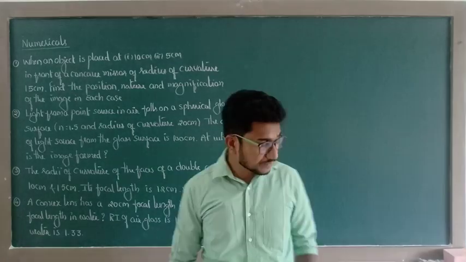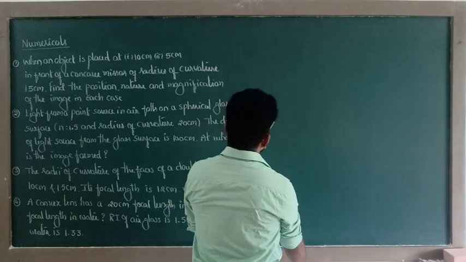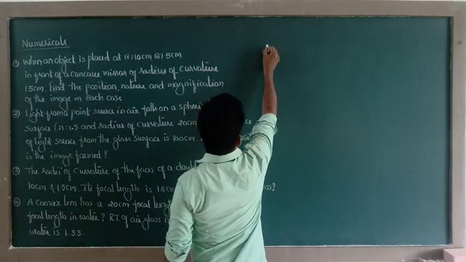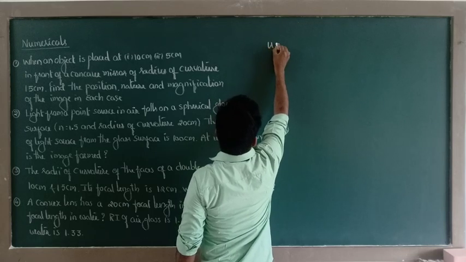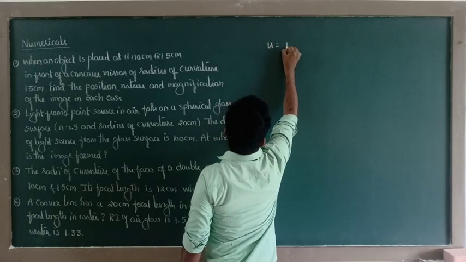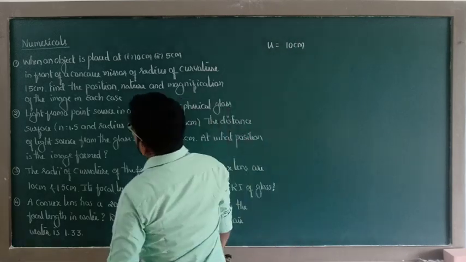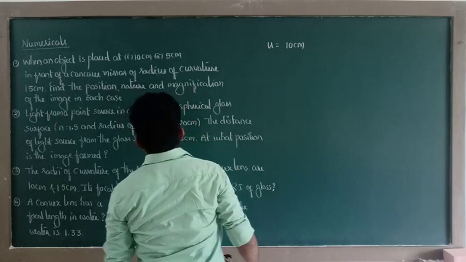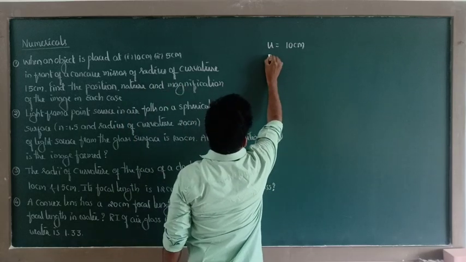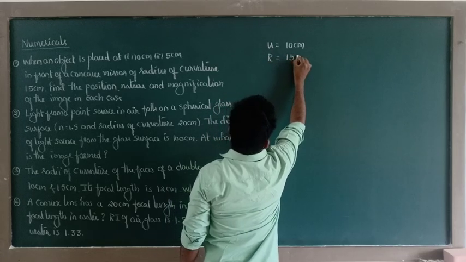The first one, given data: object distance u is equal to 10 centimeter, in front of a concave mirror of radius of curvature, capital R, 15 centimeter.